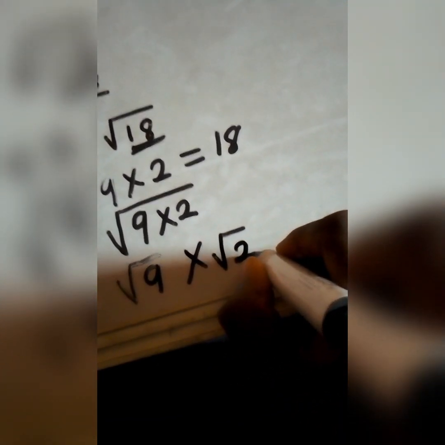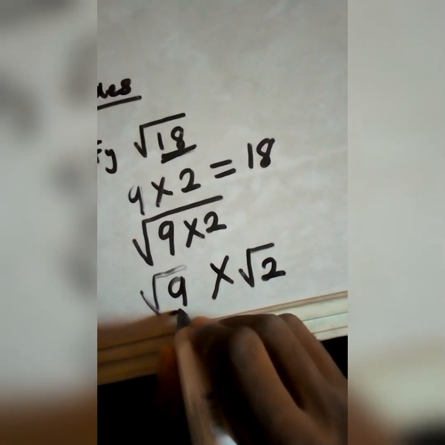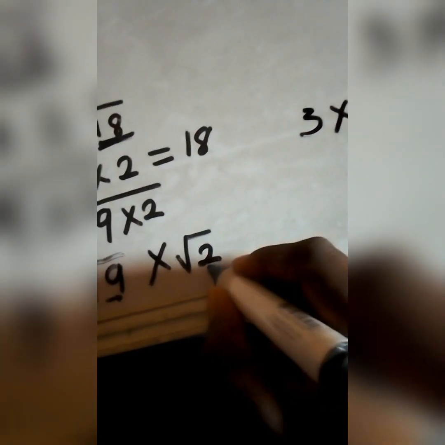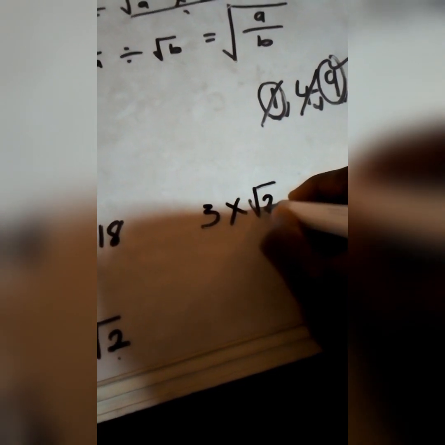Hope you're understanding. Now what is the square root of 9? Because 9 is a perfect square, the square root of 9 is 3. So we have 3 multiplied by the square root of 2. 2 is not a perfect square, so we still have it as the square root of 2.